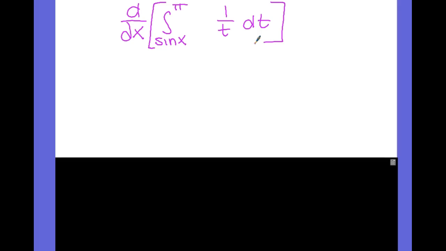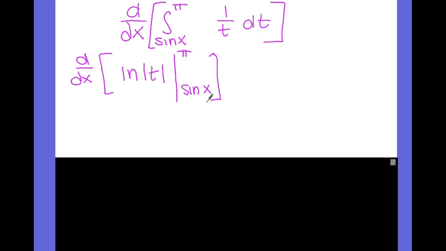Yeah, any of you. Yes. So the d/dx tags along, and you get ln absolute value of t from pi to sine x. And then the rule of thumb is that you take the top minus the bottom.